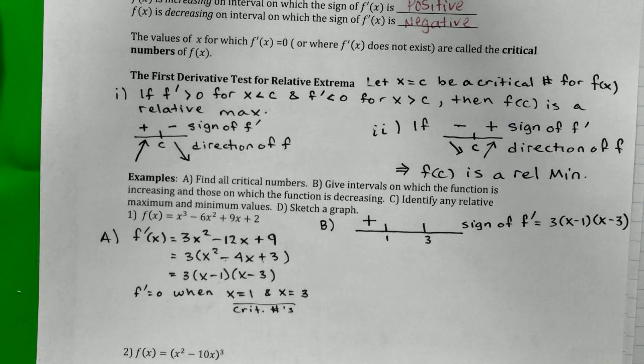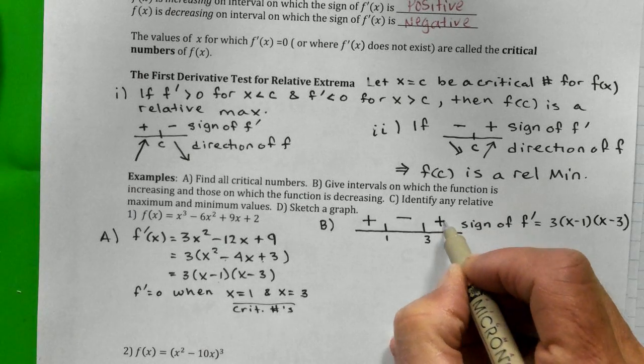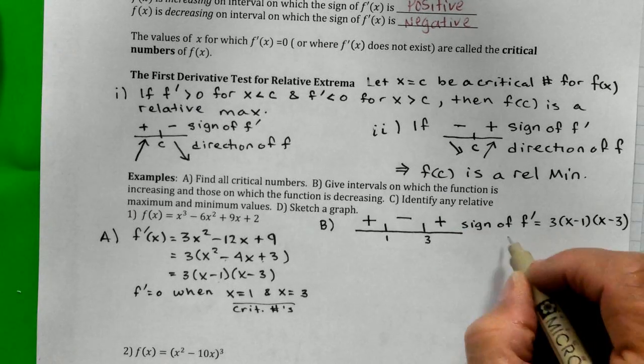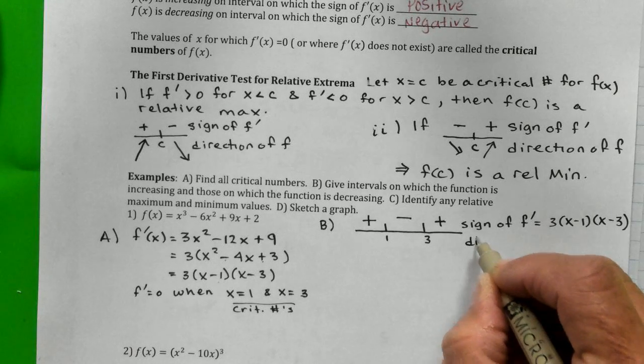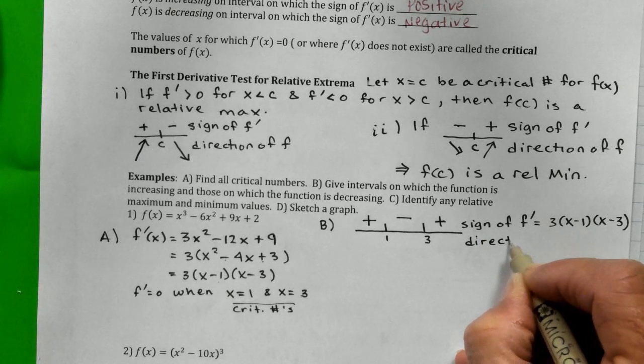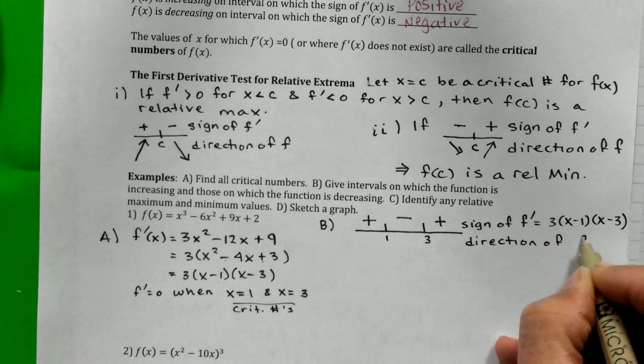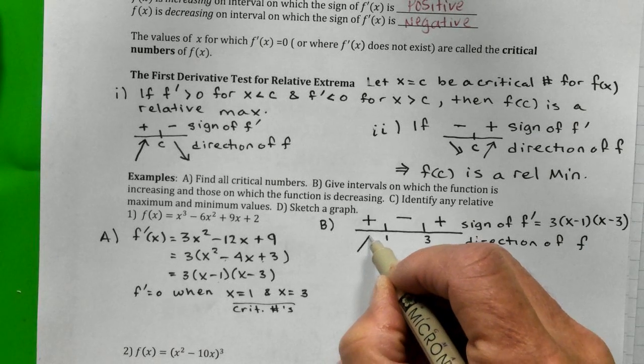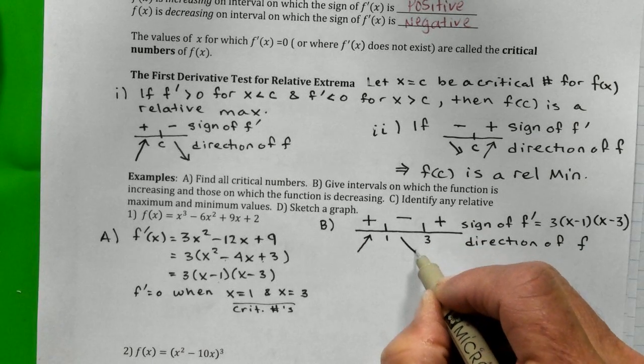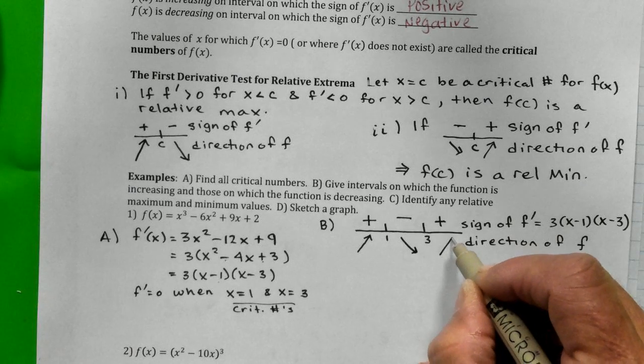Positive times a negative makes my derivative negative in here. And then I'll use x is 4 as my test point for the last interval. 4 minus 1 and 4 minus 3 are both positive numbers. Positive times positive is positive. And so I'm going to use arrows to show the direction of the graph. It goes up where the derivative is positive, down where it's negative, and then back up.